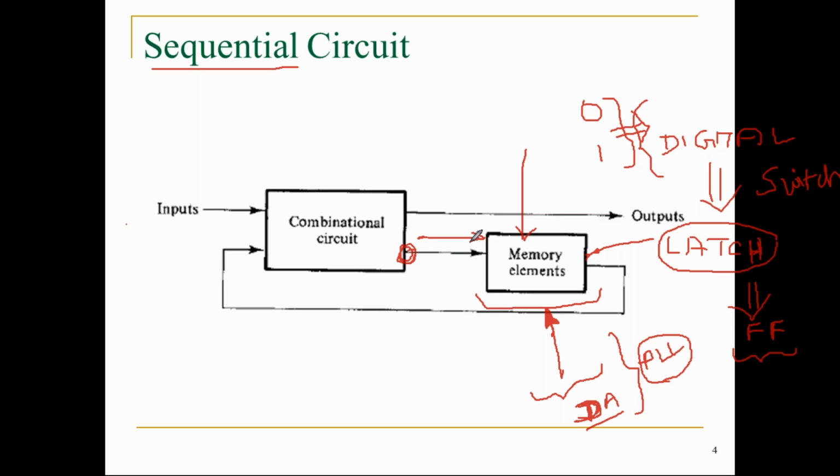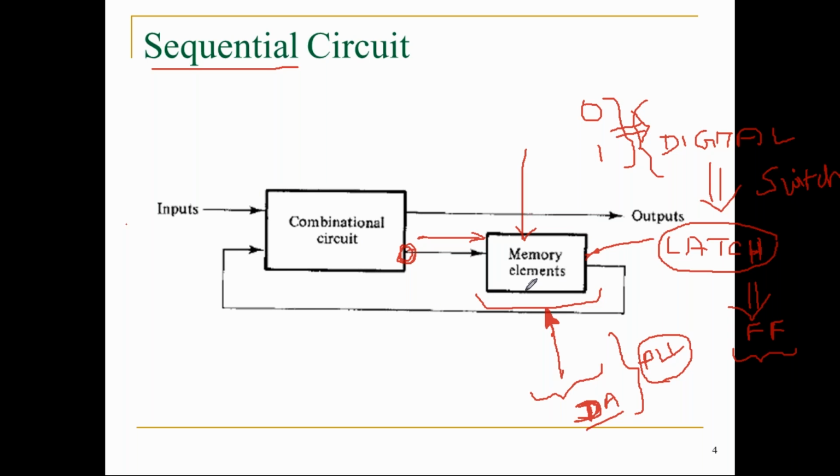I repeat once again, what is the question that may be in your mind? How long does this memory element store the data, and it has to be given to the input of this particular part in a sequential circuit? Okay, that is the question.